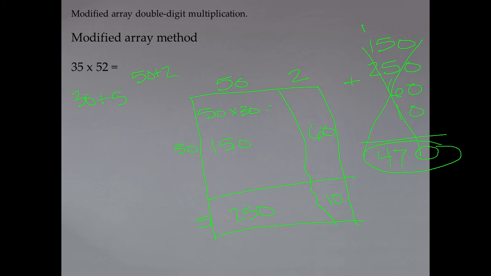So let's check 50 times 30. Oh, do you see what happened? This is a really common mistake that students make. If you are multiplying 2 tens together, you must make sure that you are adding the correct number of zeros. Okay, so I have 5 times 3, which is 15.